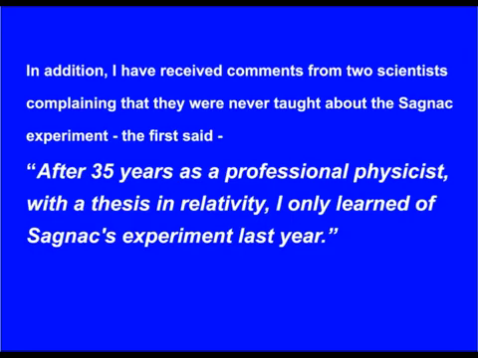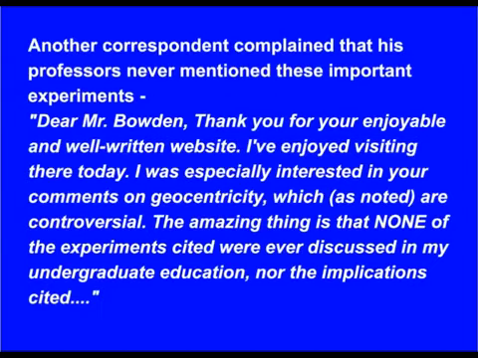The first said, "After 35 years as a professional physicist with a thesis in relativity, I only learned of Sagnac's experiment last year." Another correspondent complained that his professors never mentioned these important experiments.